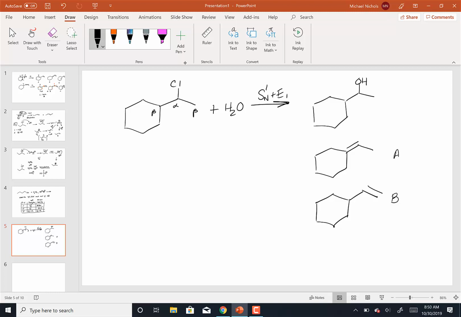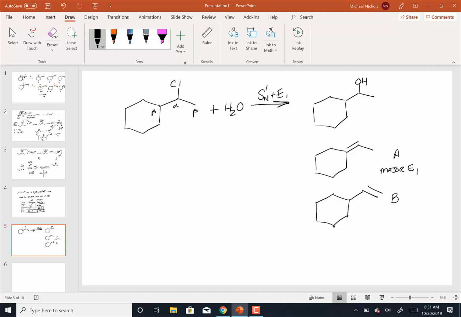So 1 is A, 2 is B. On 3. 1, 2, 3. 1, I see. That would be the major E1 product. So that's the one I would circle or write as major. Okay. So for mechanisms, I'm going to ask you to write the mechanism of just one of those.